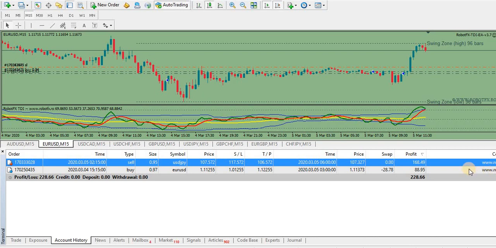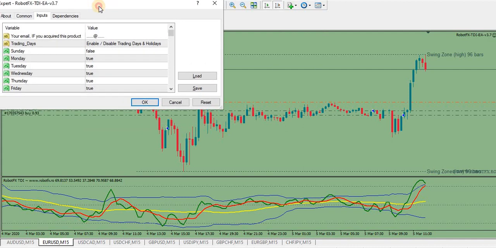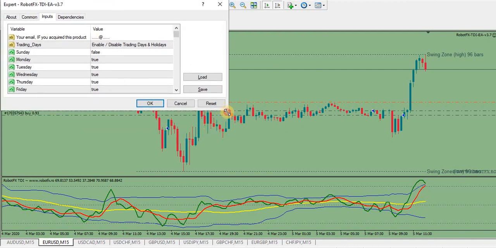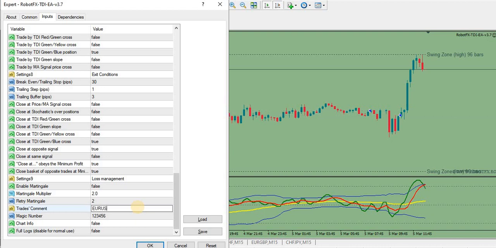It's easier to monitor trades opened on a certain chart, for example, because you can change the comments to whatever you want. So let's say I want to monitor trades on this Euro USD. Well, I can already see that, but anyway, I won't go into details. If you don't use it, just leave it as it is.